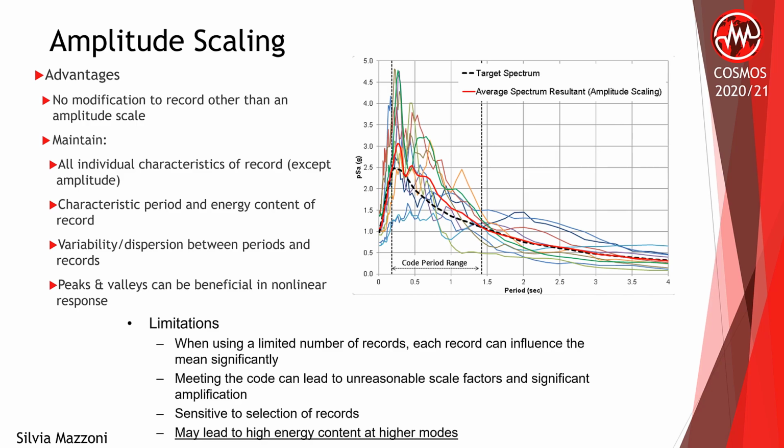It's beautiful because you've got these records that are low here and they're high there, and then you've got these records that are high here and low here. You don't have one record that excites all the periods at all times. And that's really the drawback of tight spectral matching, but I'll get to that. The peaks and valleys can be beneficial to nonlinear response.